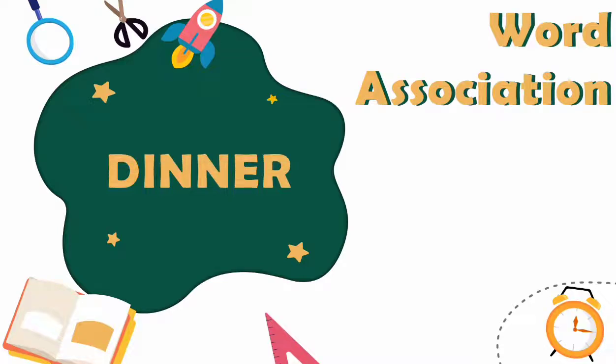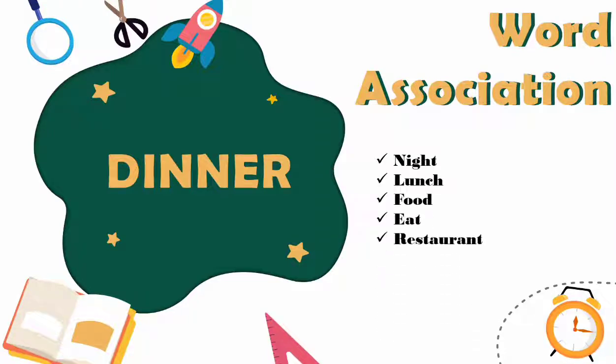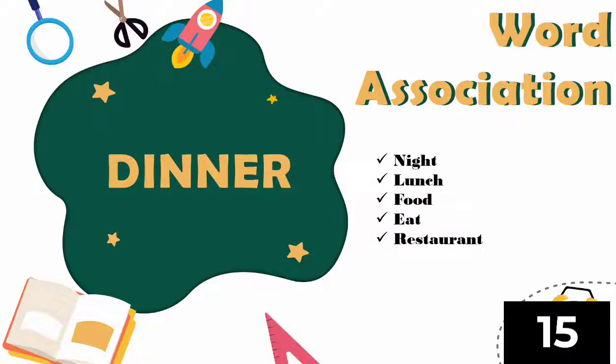When we say dinner, some of us may think of night, possibly because dinner occurs at night. It happens at night, obviously. Or we may think of lunch, food, eat, or restaurants. Whatever comes to your mind that is associated with that specific given word will suffice, because there's no correct answer here. So feel free to chat all the words that pop into your mind, as I will be giving you 15 seconds to share your thoughts.